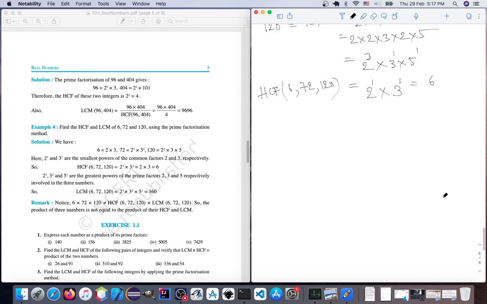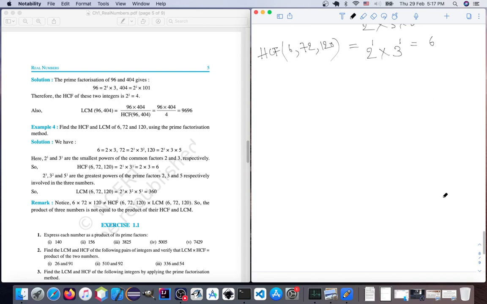Now, LCM. For LCM, we will directly apply the formula.